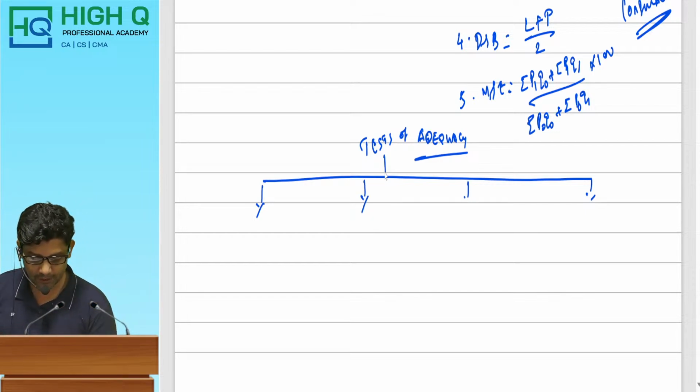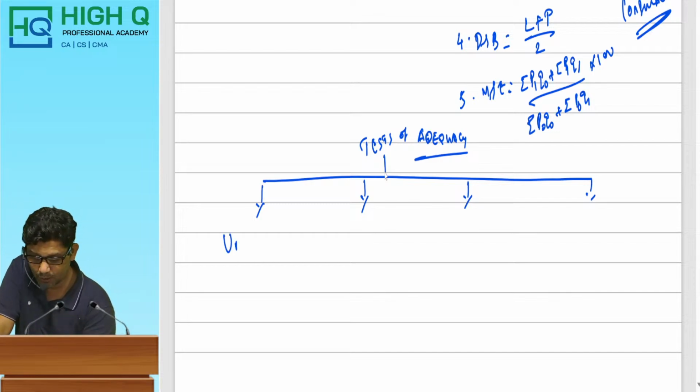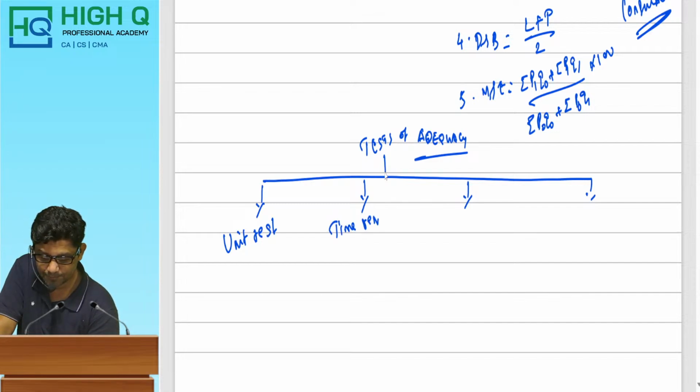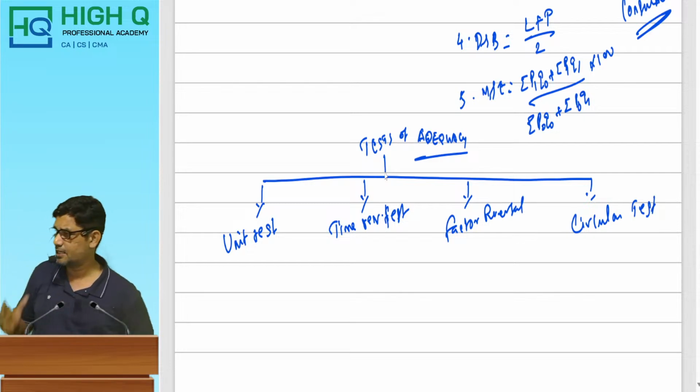It is going to undergo 4 tests. First test is what? Unit test. Second test is what? Time reversal test. And factor reversal test. And finally what? Circular test.